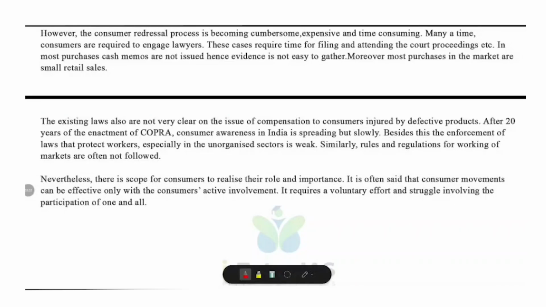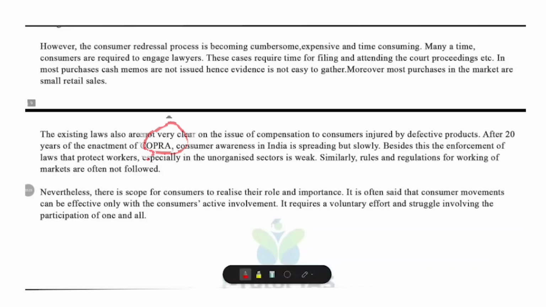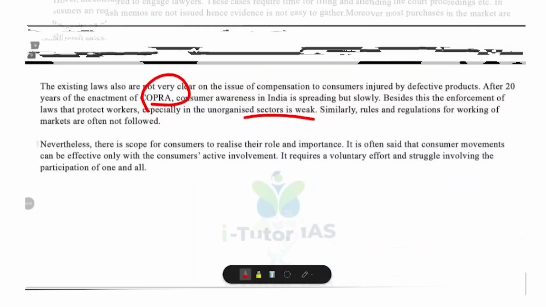More than 20 years after the enactment of COPRA, what happens? Consumer awareness in India is growing, but the process is still slow. At the same time, enforcement of laws protecting workers, especially in the unorganized sector, remains weak. Rules and regulations that govern market practices are also often not properly followed.